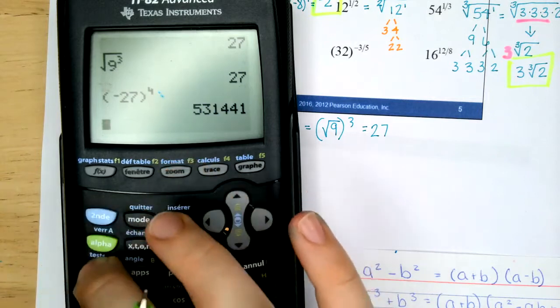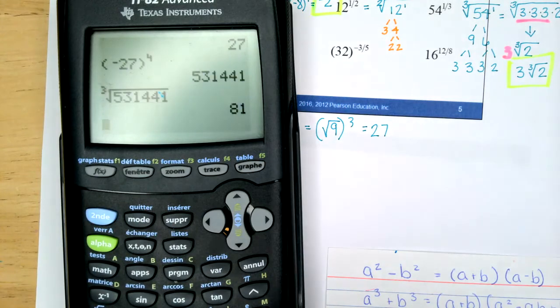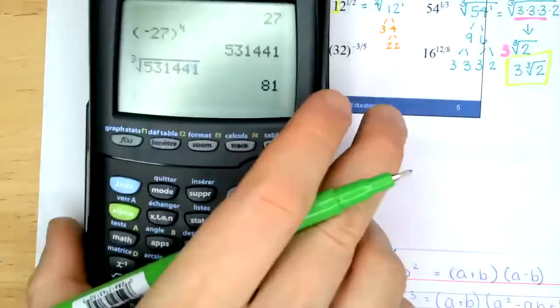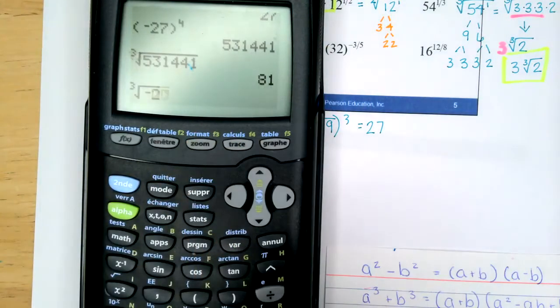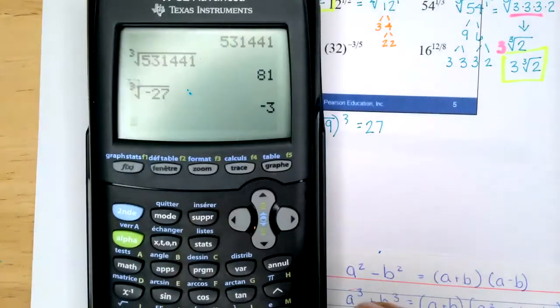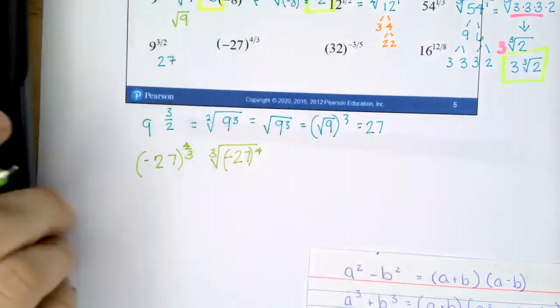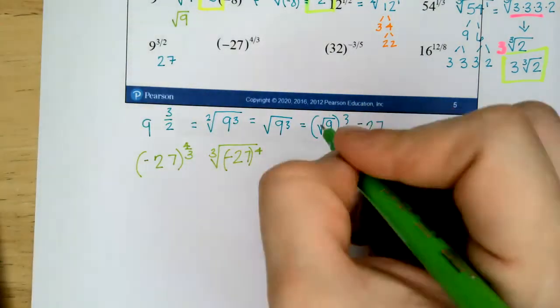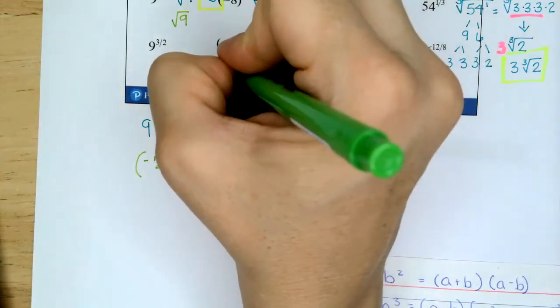And then the cubed root of that is 81, or the cubed root of negative 27 to the 4th power. Either way, we get 81. And feel free to just put this whole thing into your calculator. So that's 81.